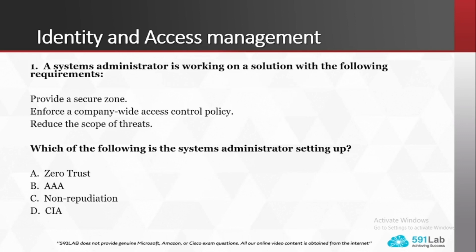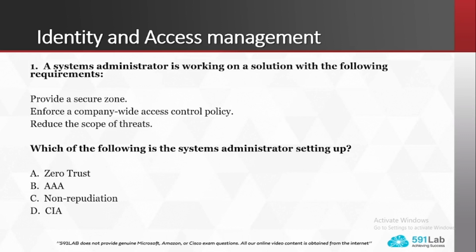Question number 1, identity and access management. A system administrator is working on a solution with the following requirements. Provide a secure zone, first of all, then enforces a company-wide access control policy. As said, it reduces the scope of threats. So which one of the following is the system administrator setting up?